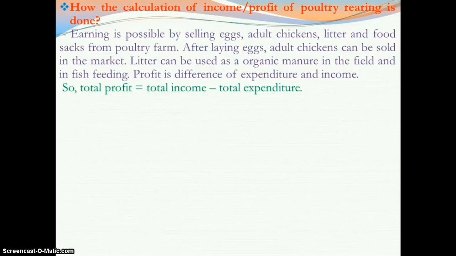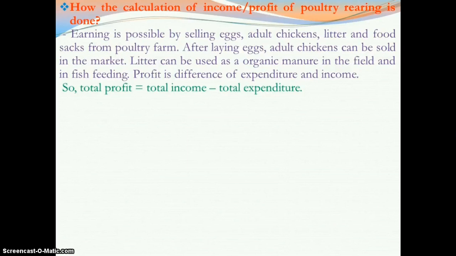The supplementary food and poultry feed is kept in food sacks, so those food sacks can be sold in the market. So these are the earning sources from the farm.